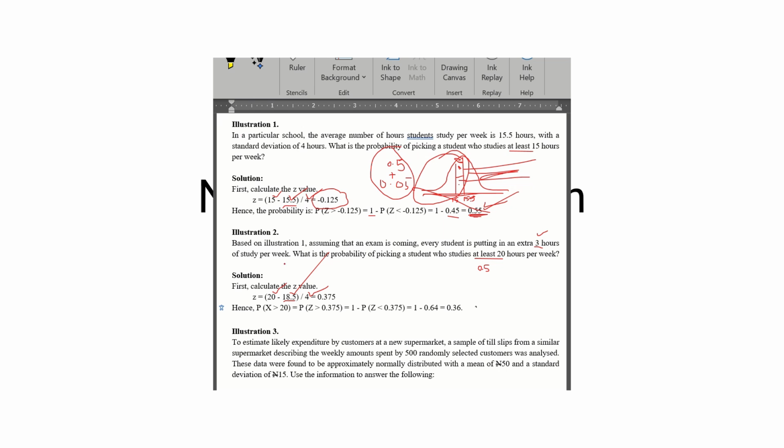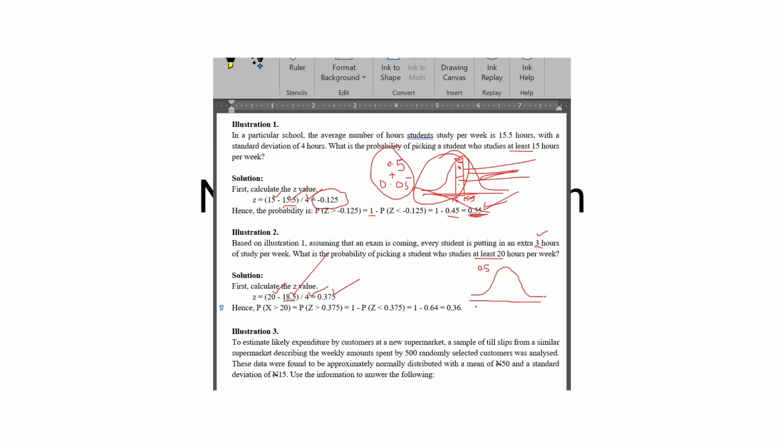So that's why it stays the same. By the time you calculate this, you are going to get 0.375.